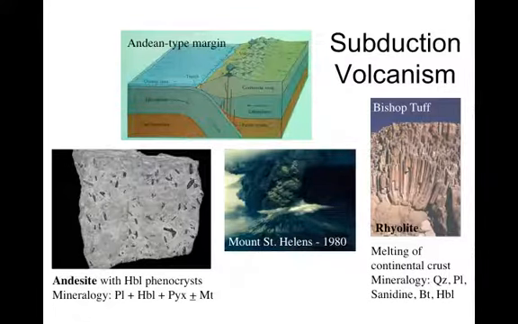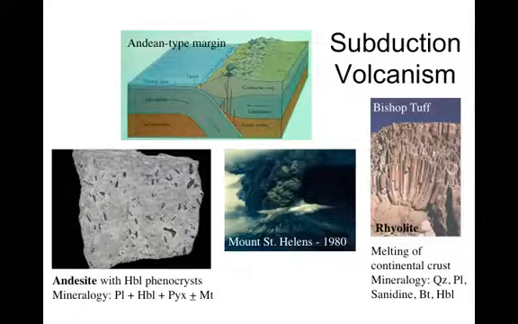Those basalt melts that derive from the partial melt of mantle rise up because they're more buoyant and enter into the continental crust and change through different processes that make those melts more felsic, or more feldspar and silica rich than the basalts from which they came.